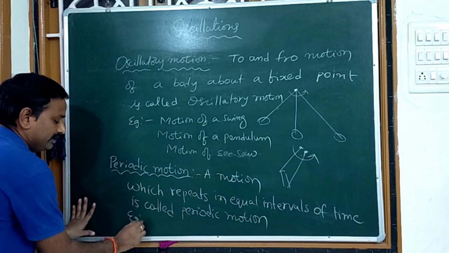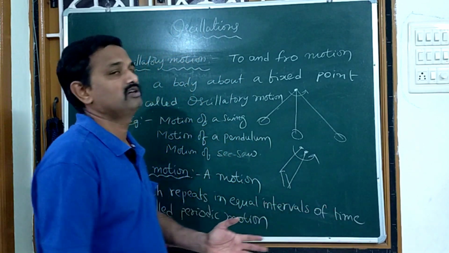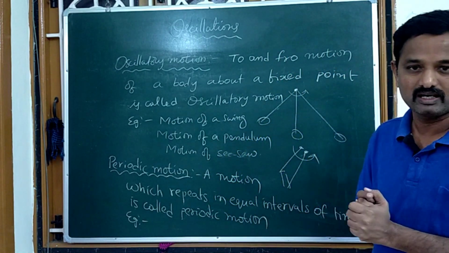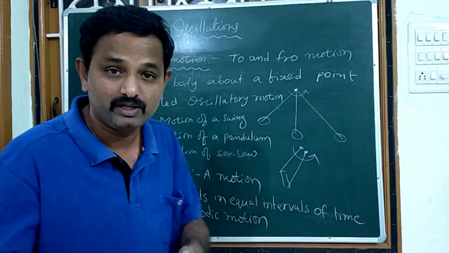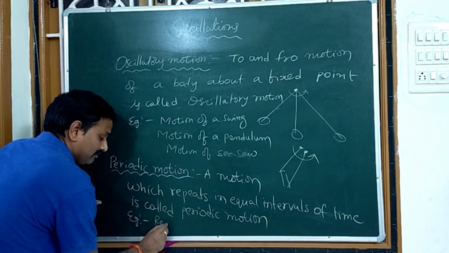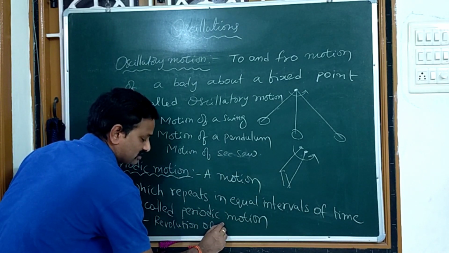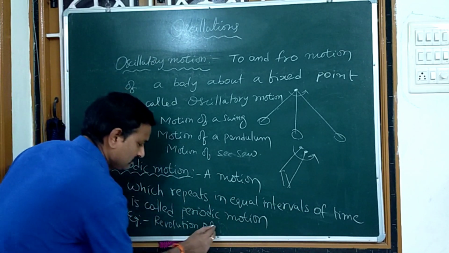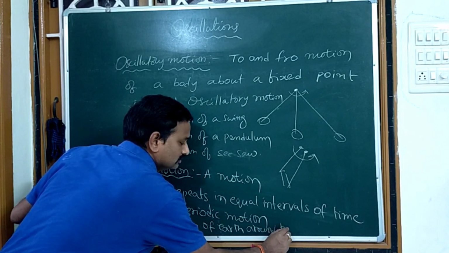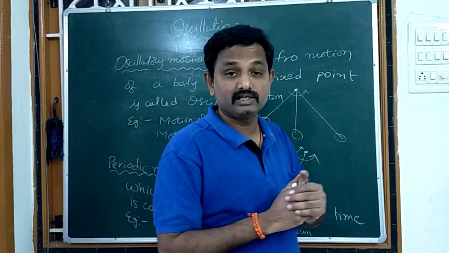What are the examples of periodic motion? That is the revolution of Earth, or I can also say the revolution of planets around the sun. Next, the rotation of Earth. These are examples of periodic motion. Take the revolution of Earth around the sun. For one revolution, Earth takes how many days?